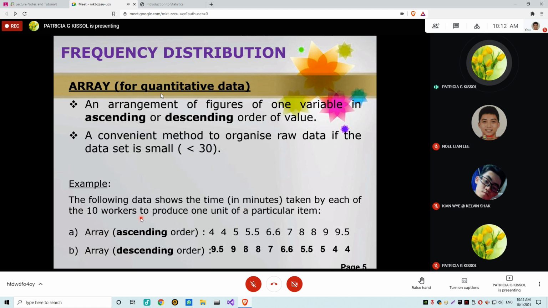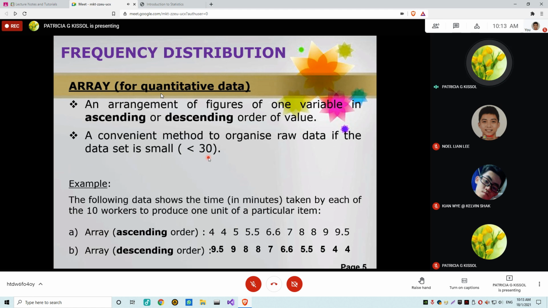Yeah, so we can do an array. Say you want to arrange the data from the smallest to the biggest. If your data is small, recommended here less than 30. But even if you have like 29 data, it's already a hassle to do the arrangement.